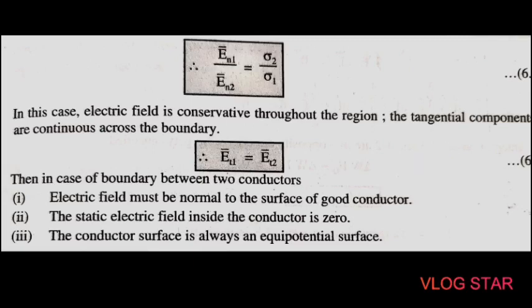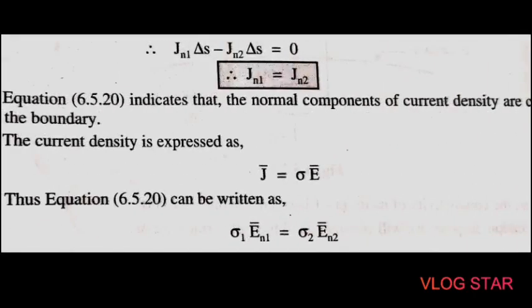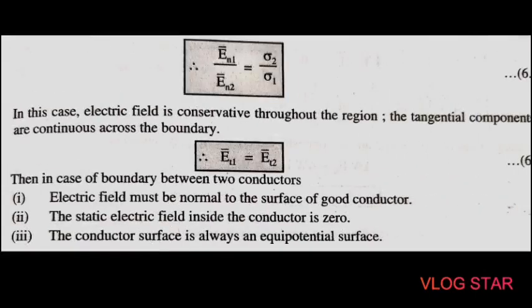So we get two equations, in terms of the normal component and the tangential component. The first is Jn1 is equal to Jn2, that is the normal component of current density is continuous across the boundary. Second, for the tangential component, it is Et1 is equal to Et2.